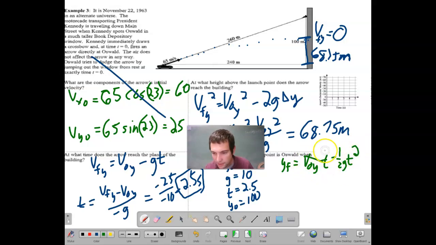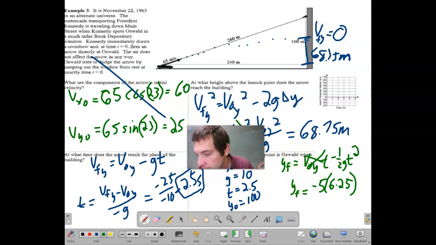Initial velocity in the y is 0, so we're going to have the fall equal to half of g, which is 5, times t squared, 2.5 squared, 6.25, times 5 gives us, he's fallen a height of 31.25 meters.